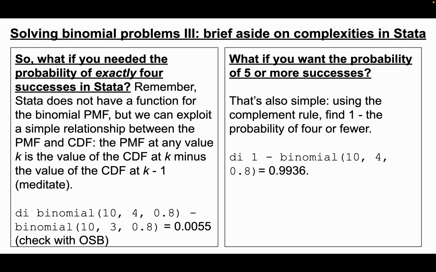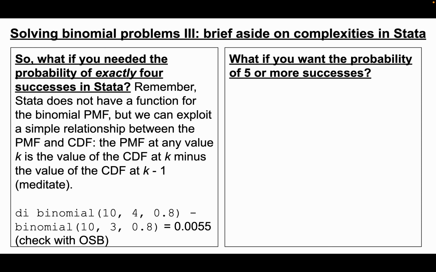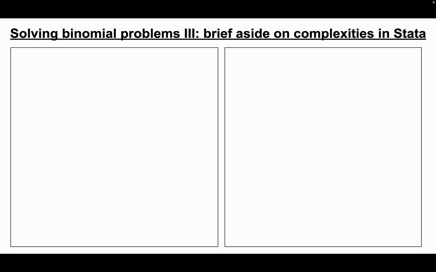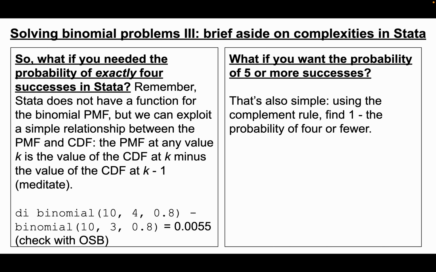So we would say display 1 minus binomial(10,4,0.8), and we would get this number here. We could have also just found the probability at the outset here, and then subtract that from 1, but we could also just immediately do it in Stata like this. So this is just saving you one step.